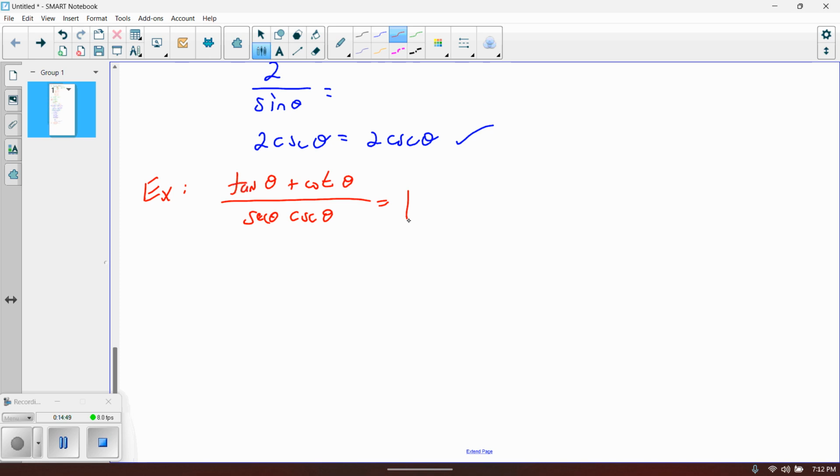So let's do that. So tangent is sine over cosine. So sine theta over cosine theta. Cotangent is cosine theta over sine theta. Secant is 1 over cosine theta, and cosecant is 1 over sine theta.